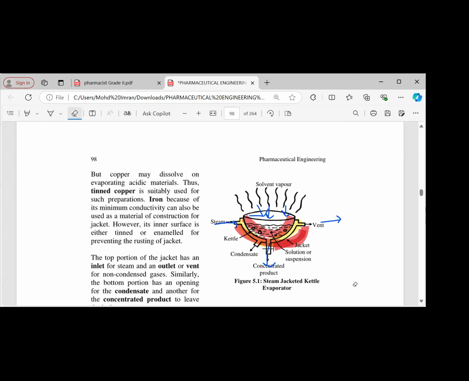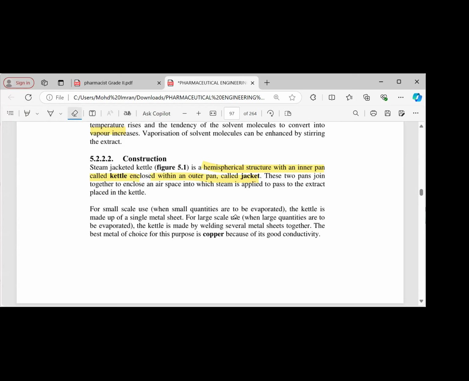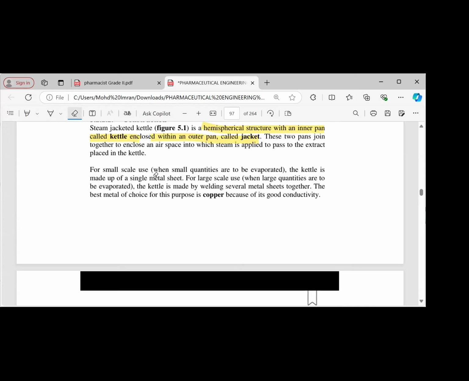Hope you understood. So this is the construction, right? And for small scale use only, we use the steam jacketed kettle. Generally, the material used for a steam jacketed kettle is copper.